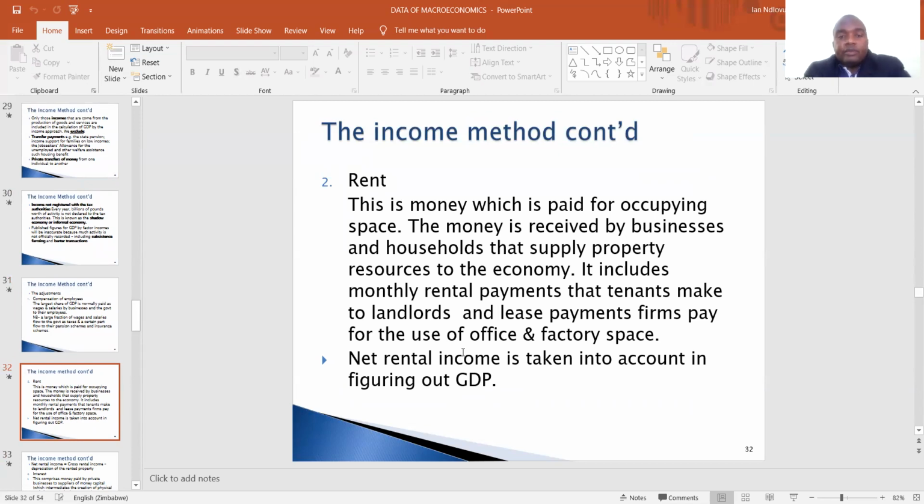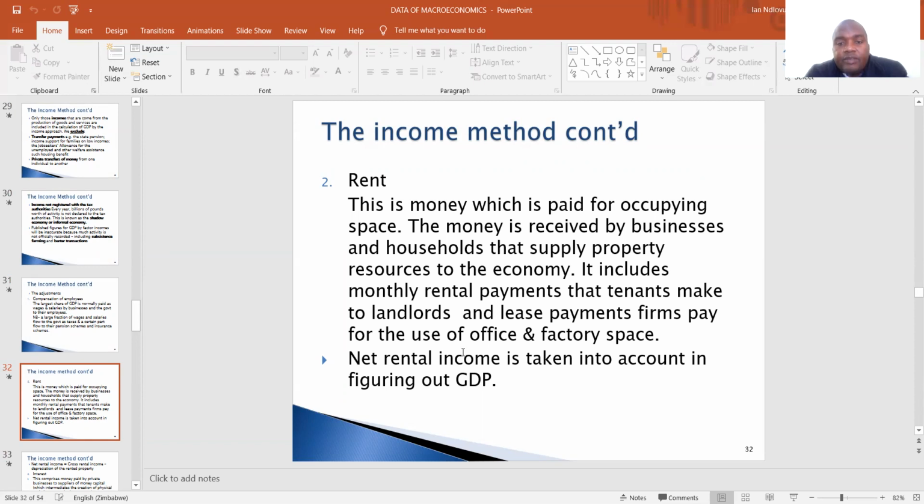Number two, we have rent. This is money which is paid for occupying space, either residential space or commercial space. Commercial space may be production space or just commercial space, as in space occupied by aids to trade, like banks and insurance companies, transport and logistics and so on.